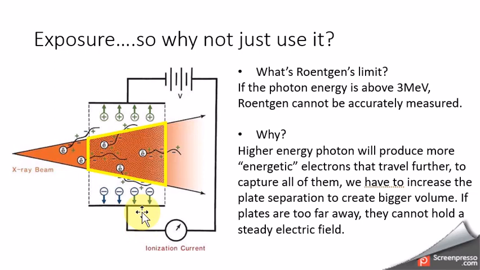So there is a limit for an incoming photon beam. If the beam energy is above 3 MeV, your plates are too far away from each other. They cannot hold a steady electric field that gives you the current measurement. So the limitation of exposure is that if your energy is too high, Röntgen cannot be accurately measured.